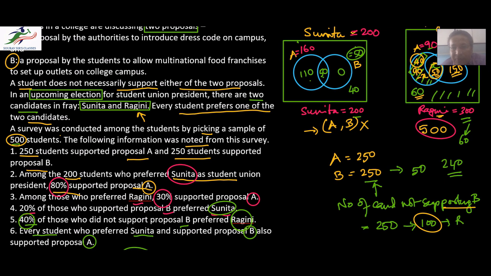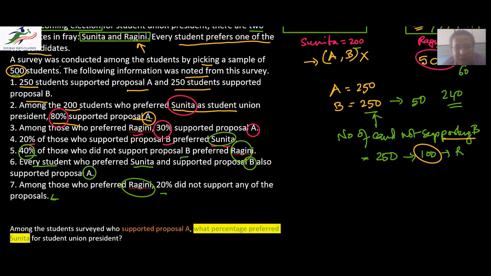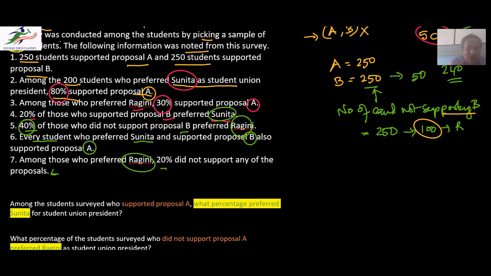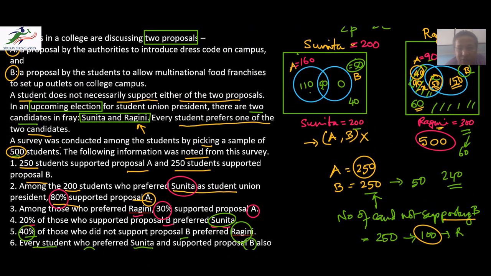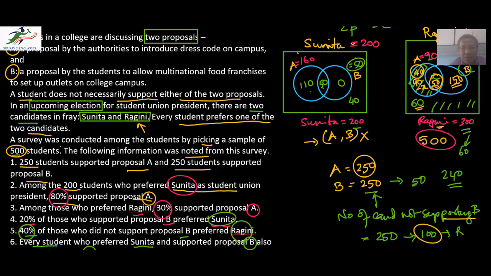So let's look at the first question. The first one says, among the students surveyed who supported proposal A, what percentage preferred Sunita for union president? Now, number of students who supported proposal A is 250, and out of this 250, preferring Sunita is 160.